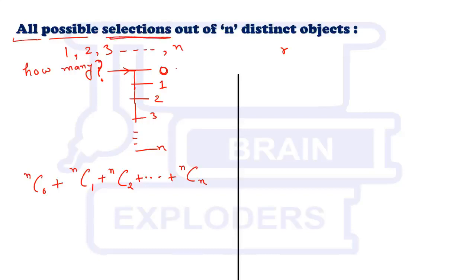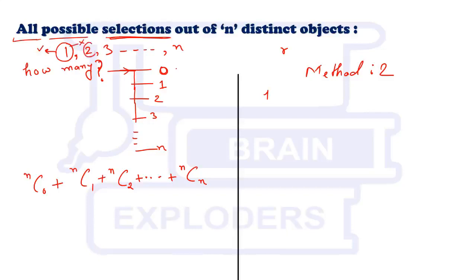Okay, there is another method also, method 2. How? Since we just have to select something, n objects are given and we have to just select something. So what are the possibilities? We have two choices to select one: either we can select it or we will not select it.